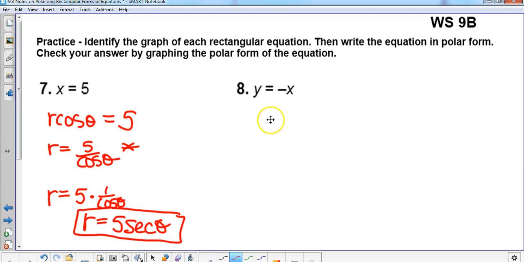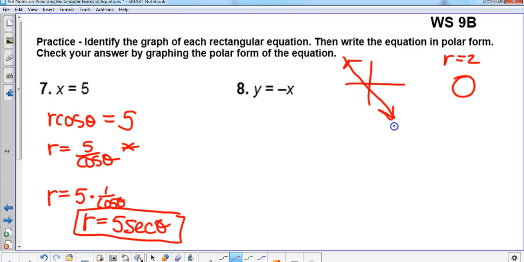This one's going to be weird. Okay. Think about what this line looks like. Can you graph this line? Because I want to help you think of how you would do this on a test or quiz, because you'd be kind of clueless at this point. And you'd go, well, y equals x is this line, y equals negative x means it has a negative slope going this way. Okay. Do you remember anything about how to graph a line like that? Remember we had r equals 2 was a circle of radius 2? Do you remember how we got a line?